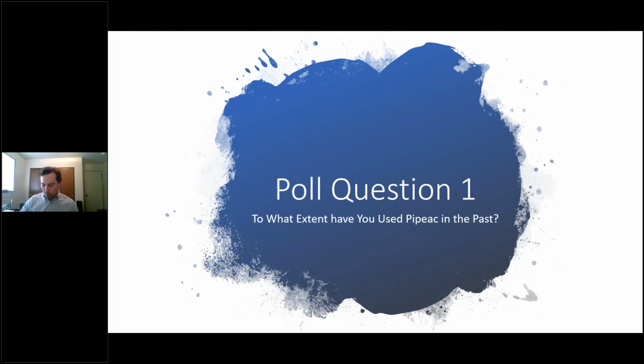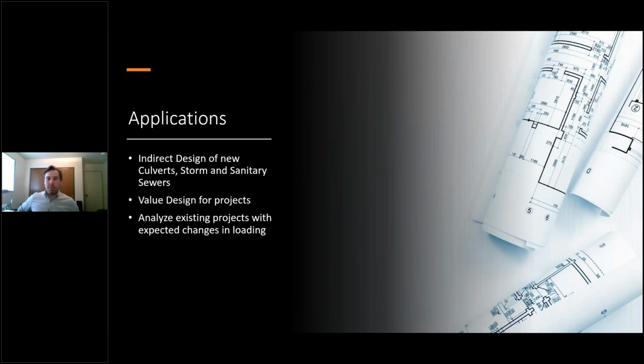I feel like when I've used it over the past couple of years, it's been more existing or near the end of a project planning phase. So some of the typical applications are just those. When you're completing a design in the planning phases, want to know what your class of pipe is.